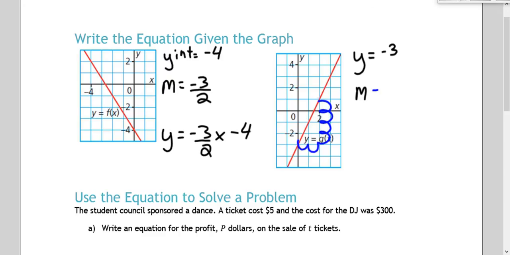So that's up 4 over 2, and we should always reduce this. So that should give us 2 over 1. And then in our equation, it's just going to be 2x minus 3.